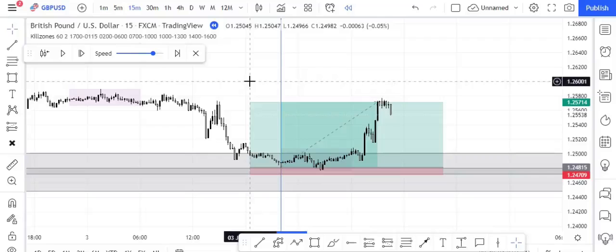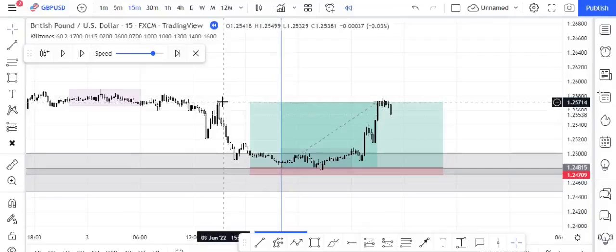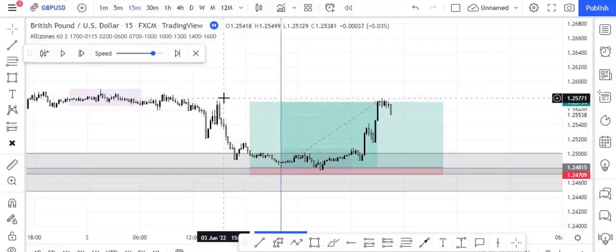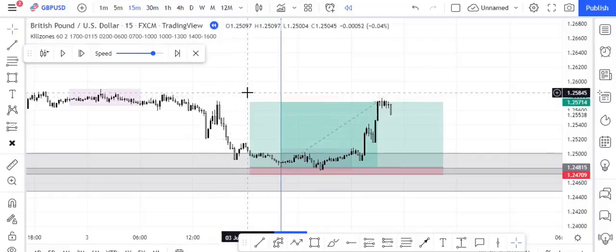But in this case we are playing a counter trend trade, and therefore this is the most sensible place for any trader to take profit in full, because we are counter trading this market. So you need the swing high that has an opposite point of interest to take your profit from. Okay, guys, I hope you get something from this video.